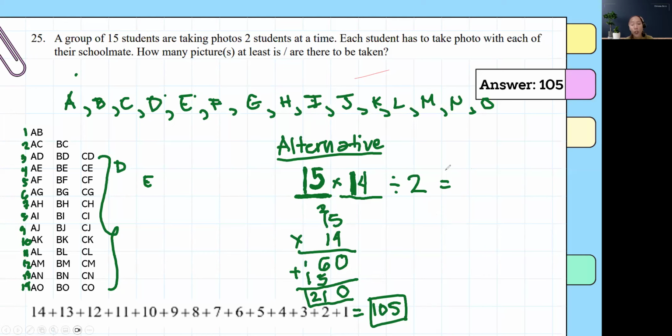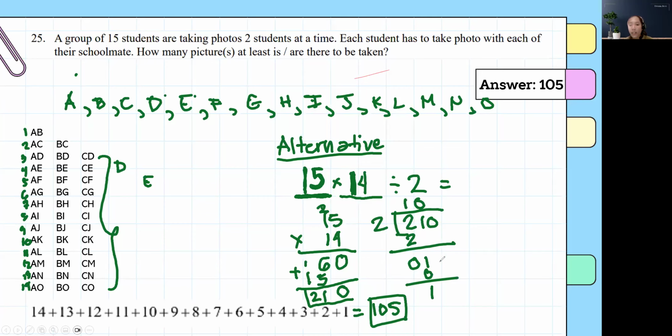in this method. So 210 divided by 2. 2 divided by 2 is 1. 1 times 2 is 2. 2 minus 2 is 0. So let's bring down the 1. 1 divided by 2, that cannot be, right? That's 0. There's no 2 in 1. So 0. 0 times 2 is 0.